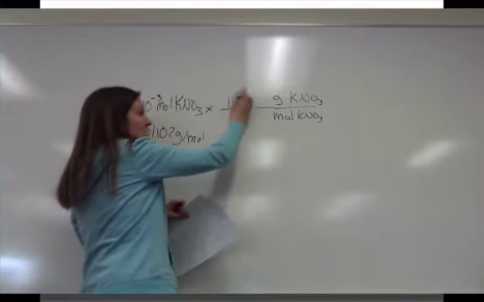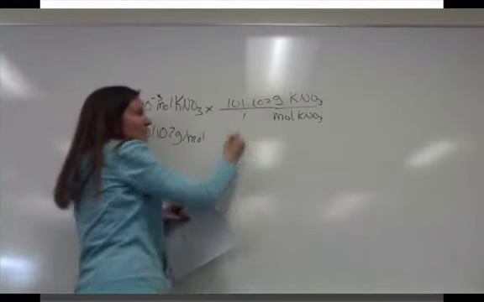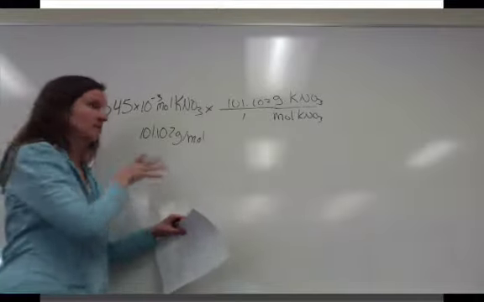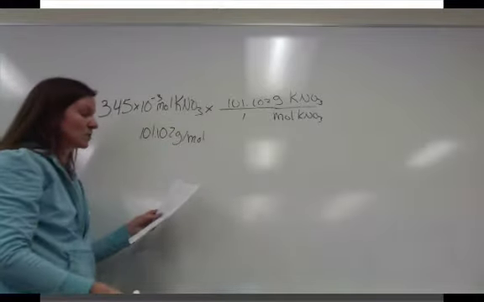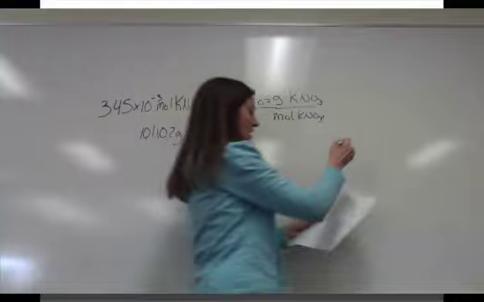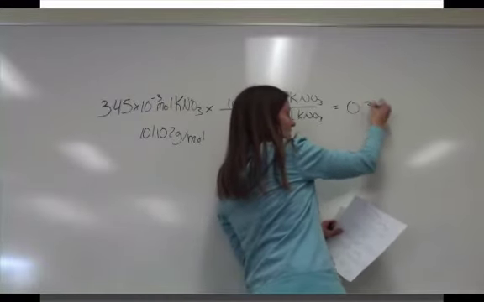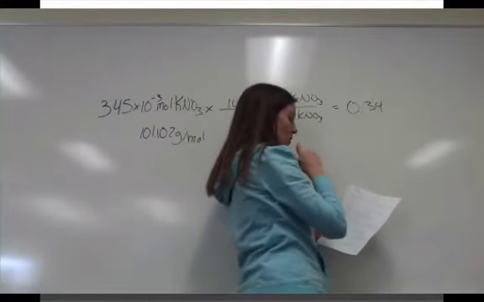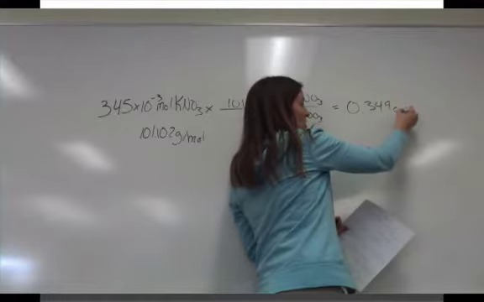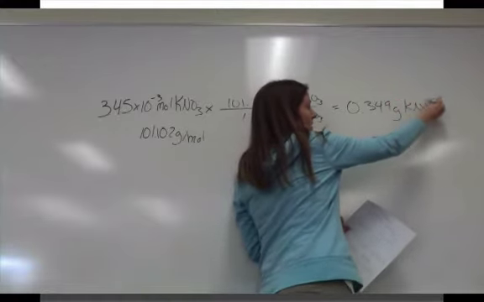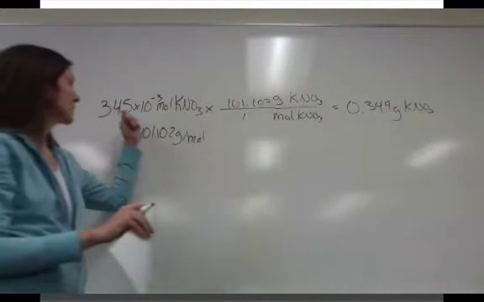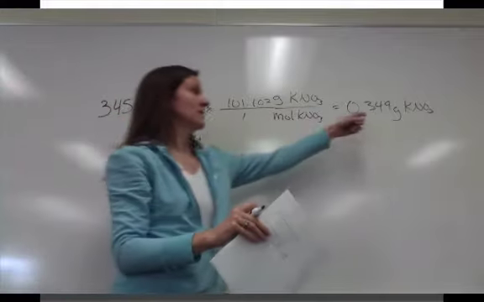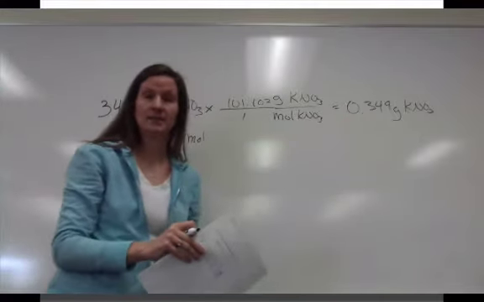So I have 101.102 grams for every 1 mole. Multiply this through to get a final answer, and you should get a final answer of 0.349 grams of KNO3. 3 sig figs to start, 3 sig figs to end.